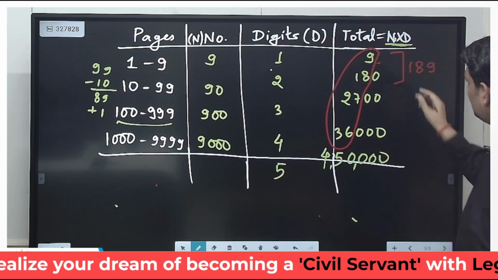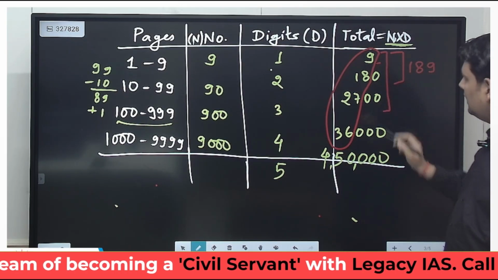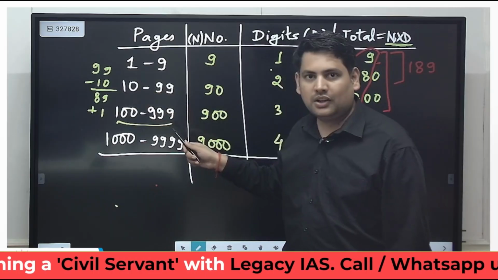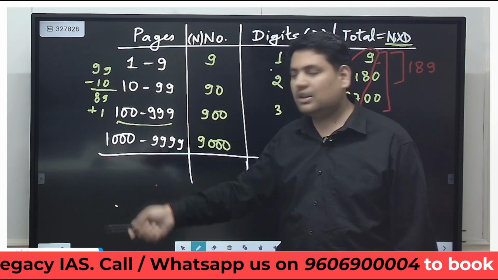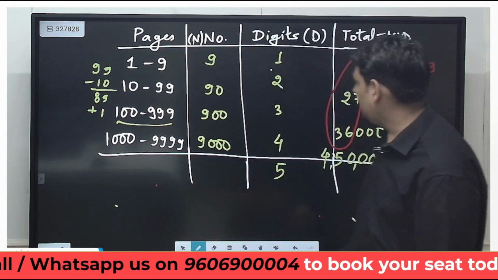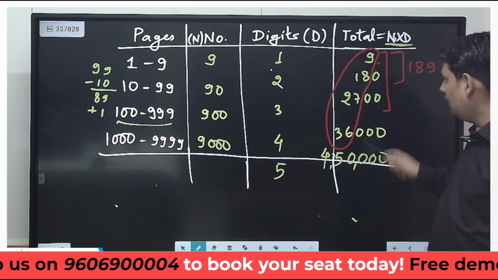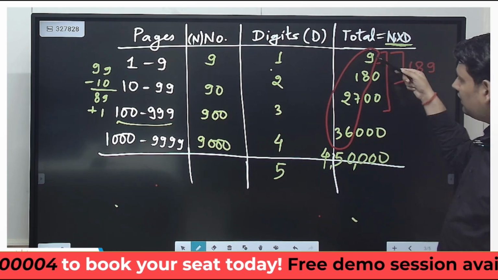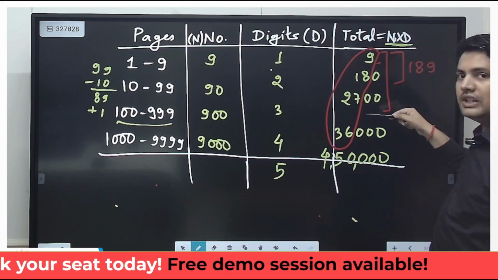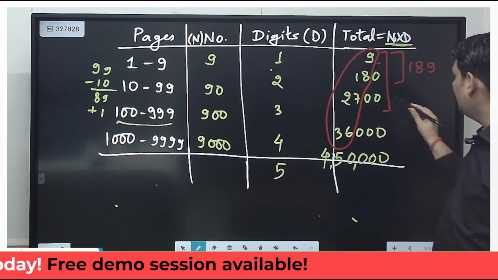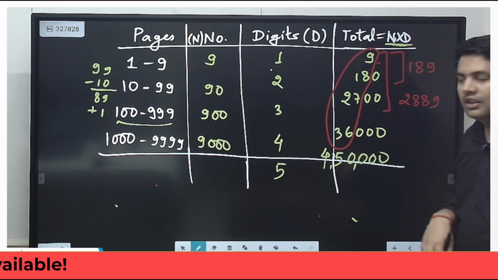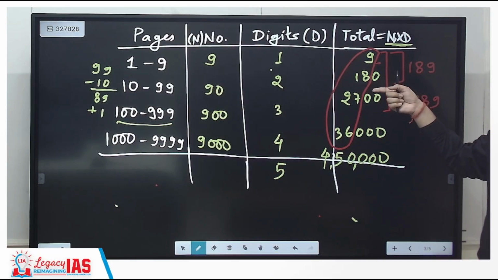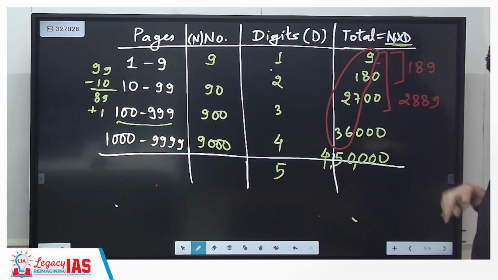Now see it again. If I go from 1 to 999, we get all single digit numbers, all double digit numbers, and all triple digit numbers. If we have to type them all, how many digits will we need? 9 for 1 digit numbers, 180 for 2 digit, 2700 for 3 digit numbers. You add them all, what you get? You get 2889. Understood? 2700 plus 180, correct? 2880 plus 9, 2889.